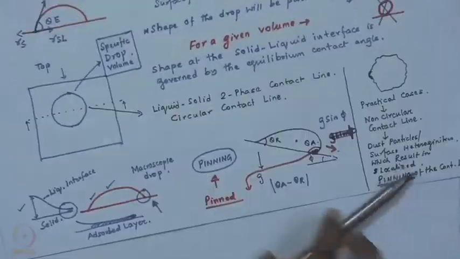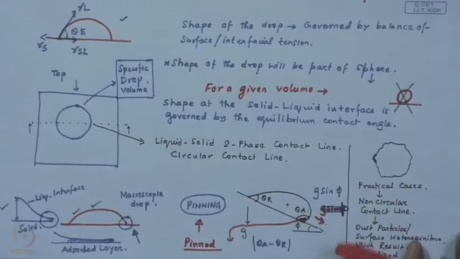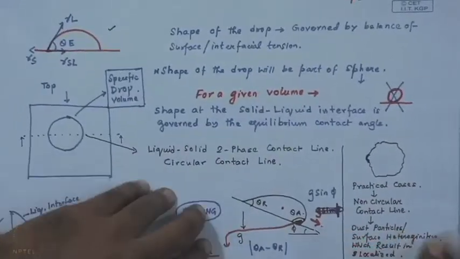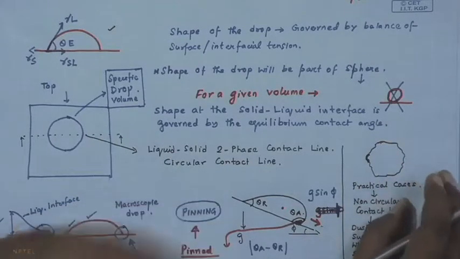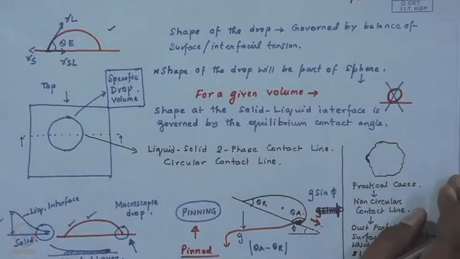So, if you spread it, what you see is that in a spread drop, the contact line somehow retracts back at certain locations. This is what is dewetting, nothing else. It is the exact opposite of spreading, and this is what is known as dewetting. Of course, if you do an experiment like this on your study table or your dining table, in most cases you will see a contact line that is not circular.